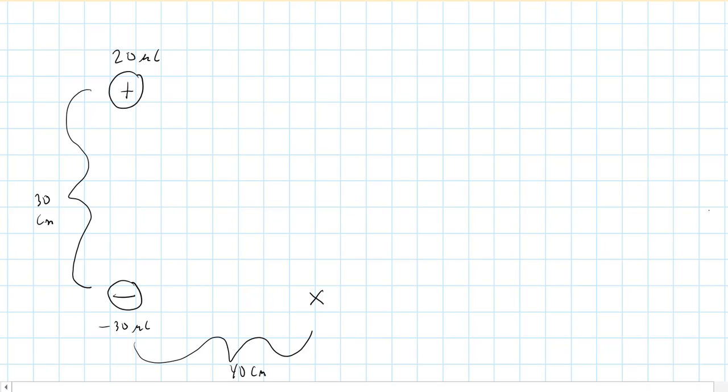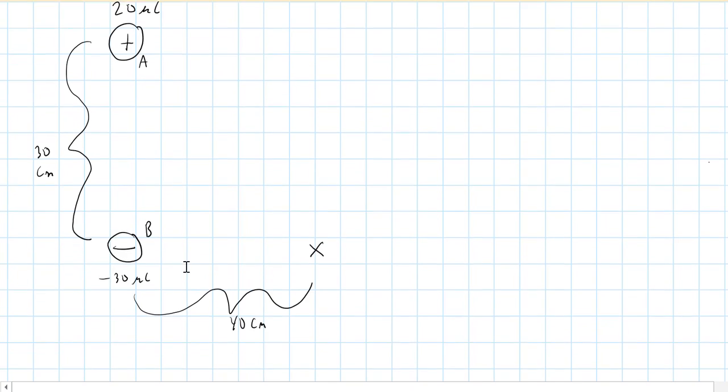What is the electric field created by both these charges? Just for the sake of argument, I'll label them A and B. What's the net electric field created by charge A and B at location X? Here's a pictorial way to look at this.